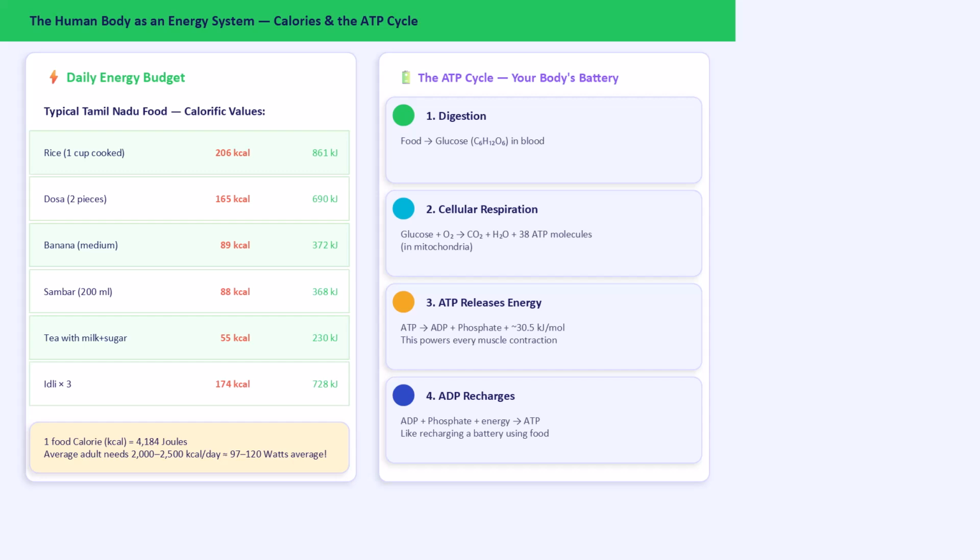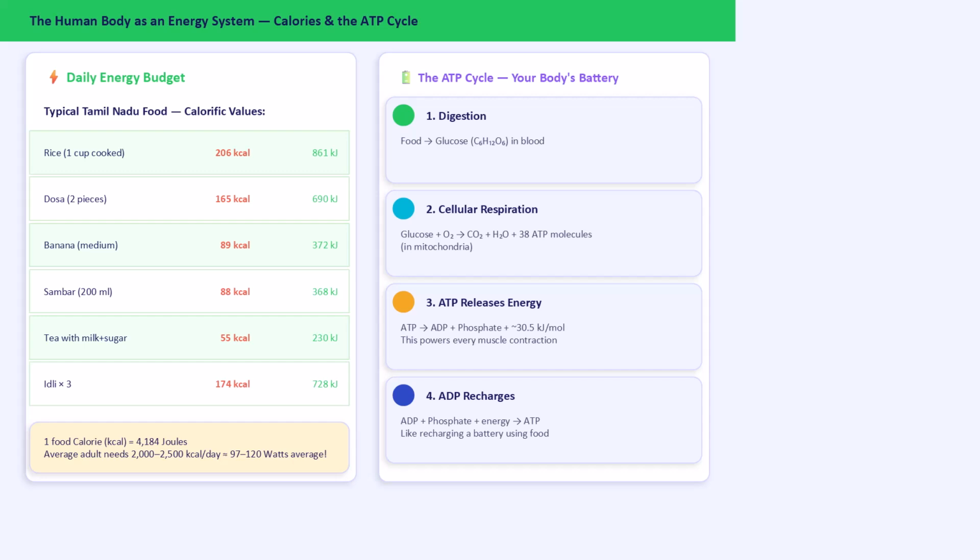Think of ATP as your body's rechargeable battery. Every time a muscle fiber contracts, it hydrolyzes one ATP molecule, releasing approximately 30 kilojoules per mole. Your heart alone hydrolyzes about 40 kilograms of ATP every day. A typical adult requires 2,000 to 2,500 kilocalories per day. Divide by 24 hours and convert.